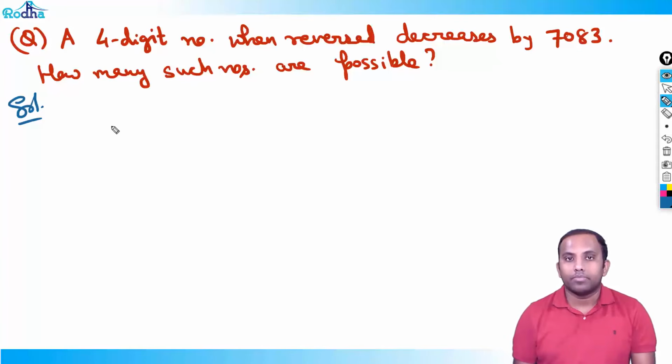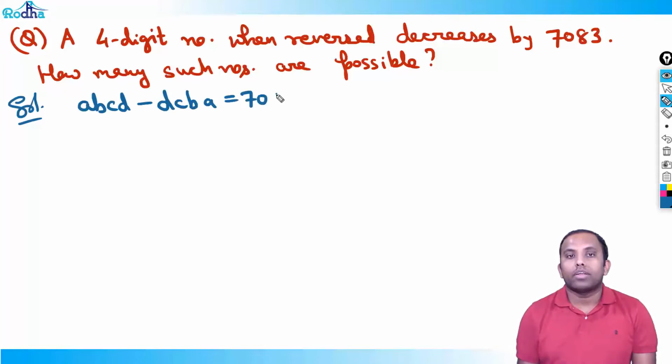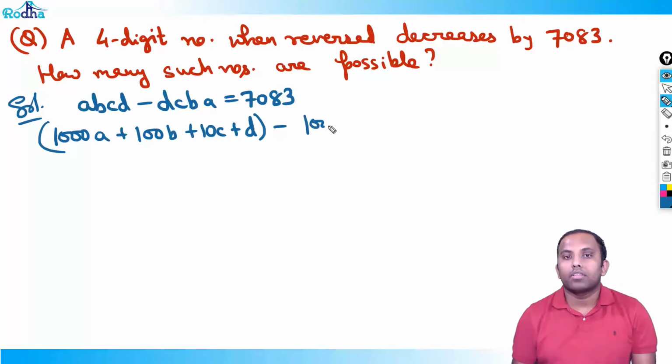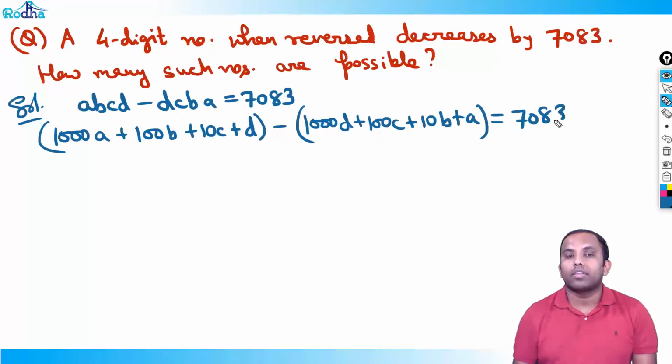Okay, see here. Let the 4-digit number be ABCD. Its number minus its reverse DCBA is equal to 7083. Okay, now let's break it. So 1000A plus 100B plus 10C plus D, minus (1000D plus 100C plus 10B plus A) is equal to 7083.